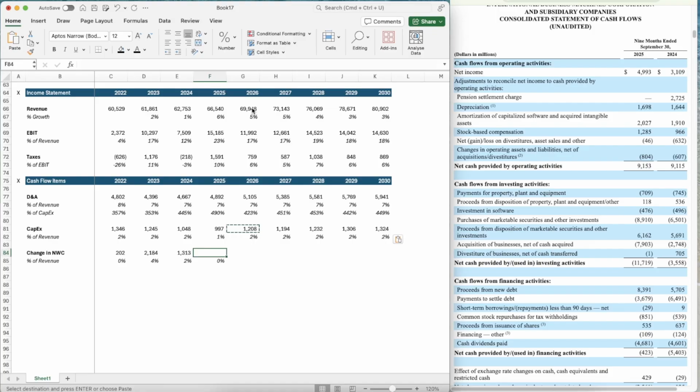Okay, now I'll put the change in net working capital into this one here. Let's just leave it at negative 804.